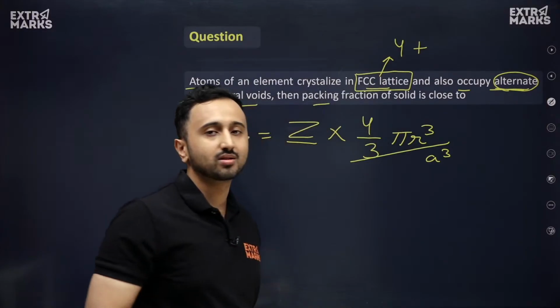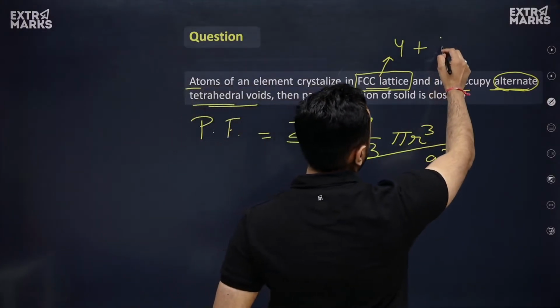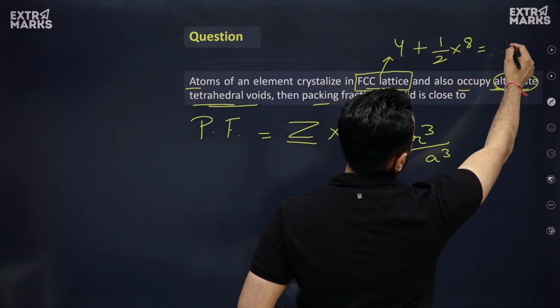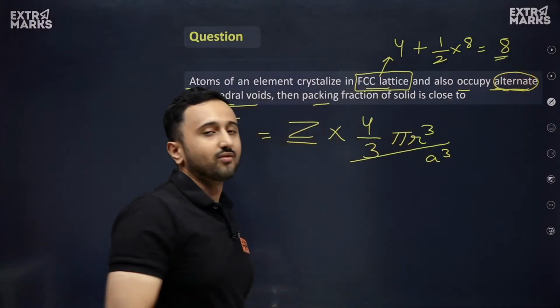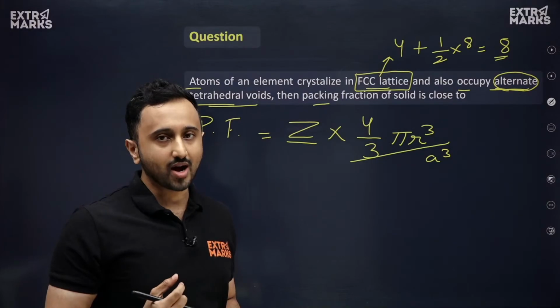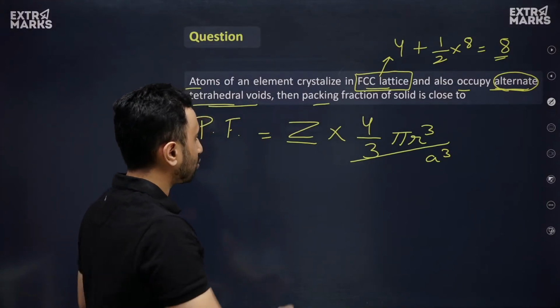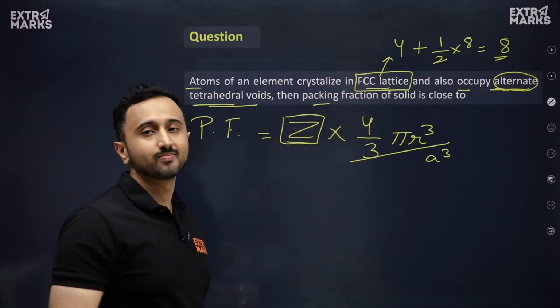So that will be how much? Just take half of 8. This will give you total number of atoms would be 8 finally. So now we have the total effective number of atoms in this particular lattice, which is 8. So now we know the value of Z. It is 8 for this particular lattice.